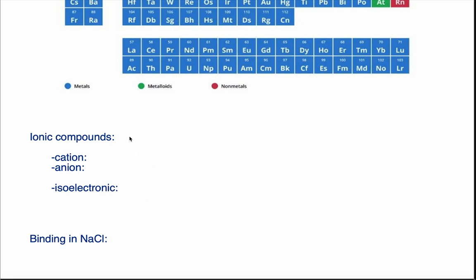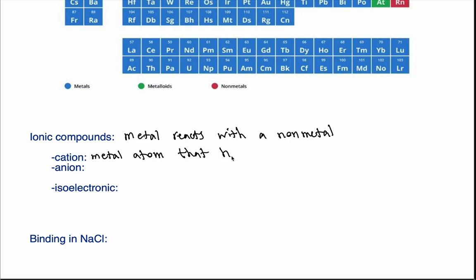So ionic compounds is when a metal reacts with a non-metal. So cation is basically the metal atom that has lost electron or electrons and is positively charged.